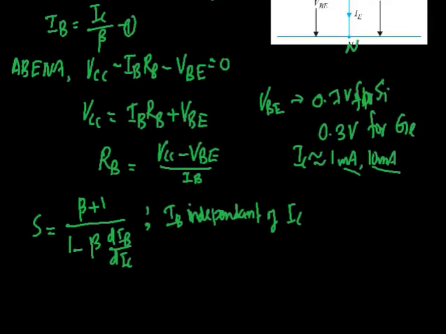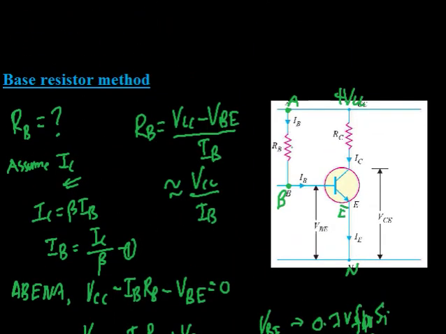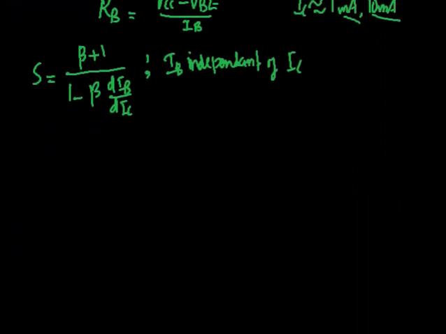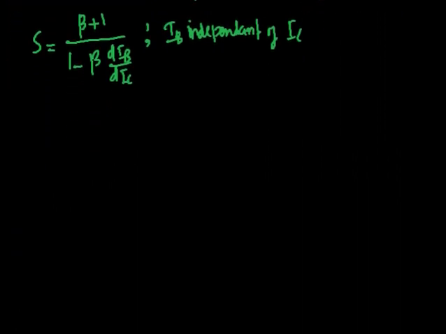IB is determined by this RB and the voltage source connected here, VCC. The voltage VBE, the voltage source VCC, and RB will determine the value of IB.